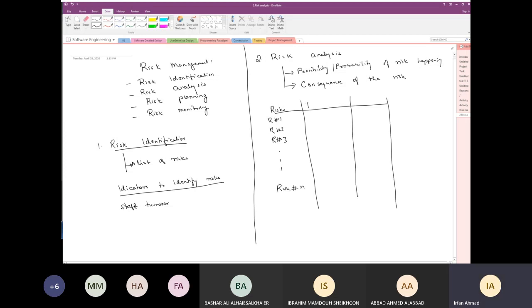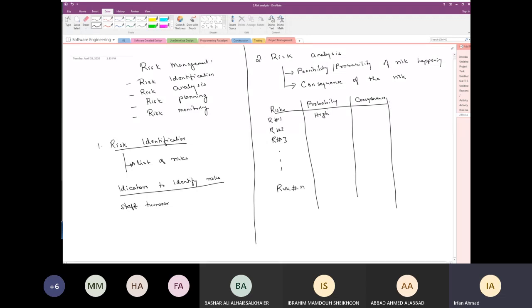You're going to say here, probability of risk, consequence of the risk, right? So you may say, okay, what is the possibility that this risk may happen? You'll say the possibility of this happening is going to be high. So probability could be, again, numbers, or it could be high, medium, low. The consequence is the effect. If that risk in fact becomes a reality, then what is the effect of that risk, right?